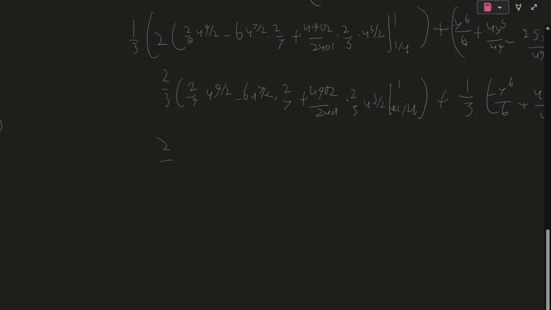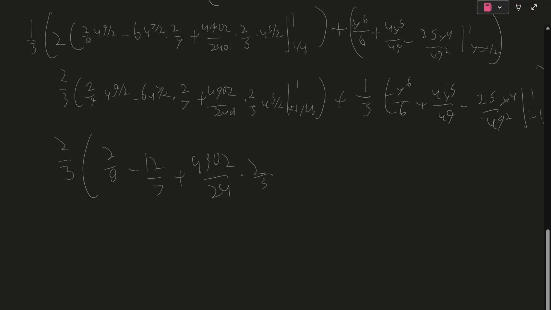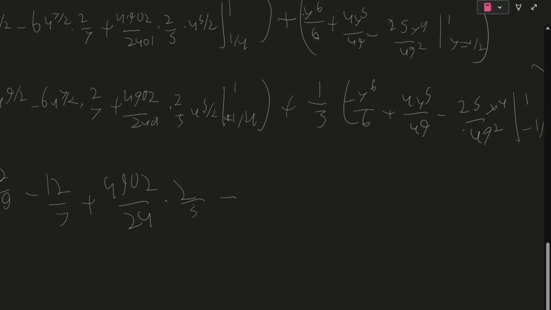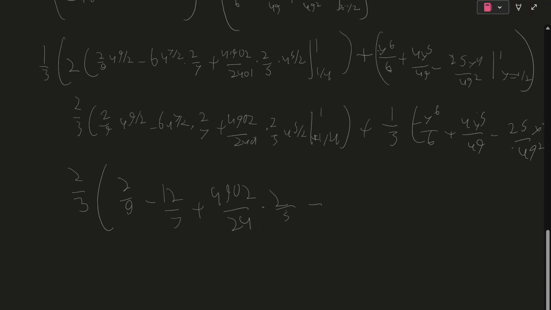So we have 2/3 times 2/9 minus 12 over 7 plus 4,902 over 24 times 2/5, minus our 1/4 value.